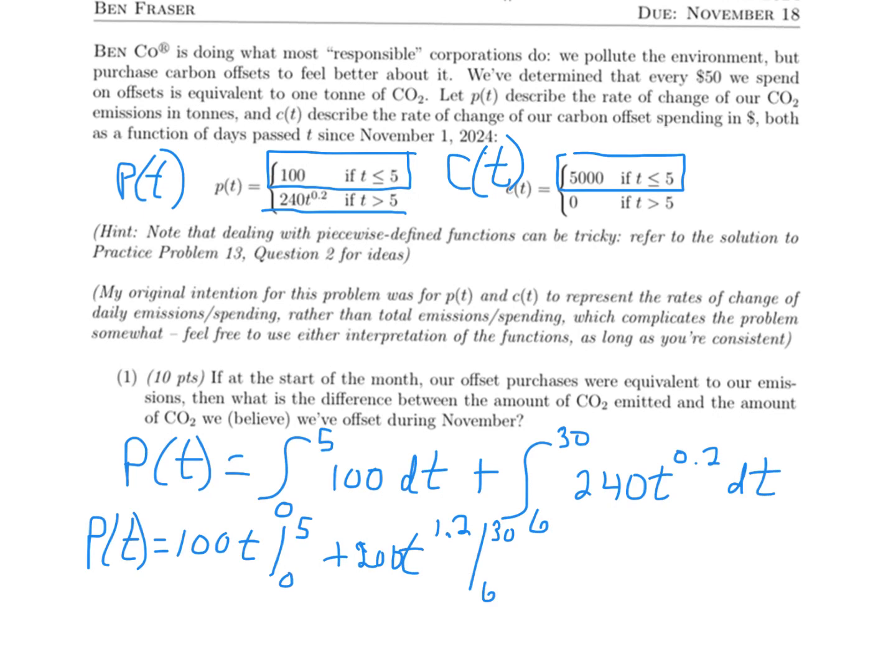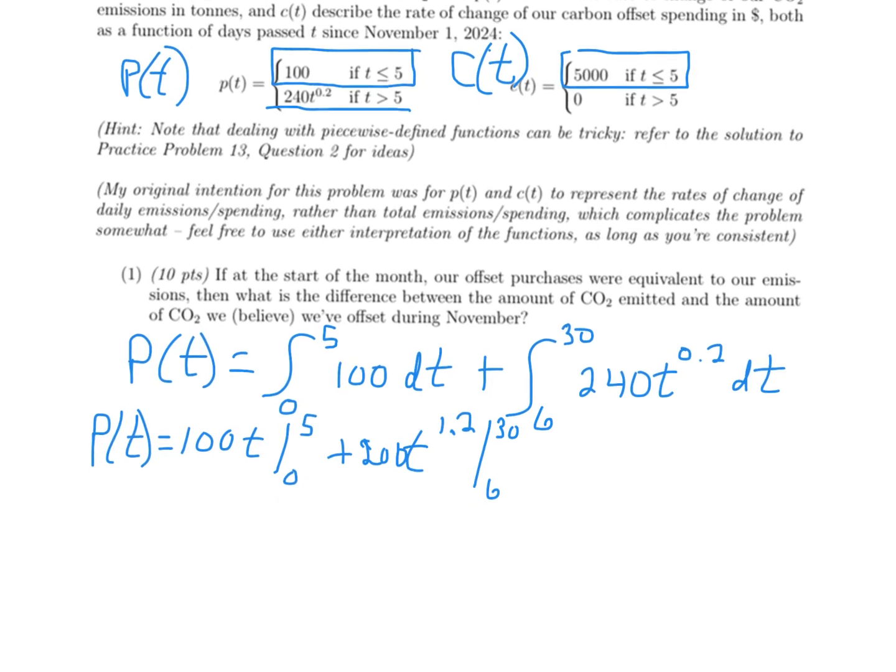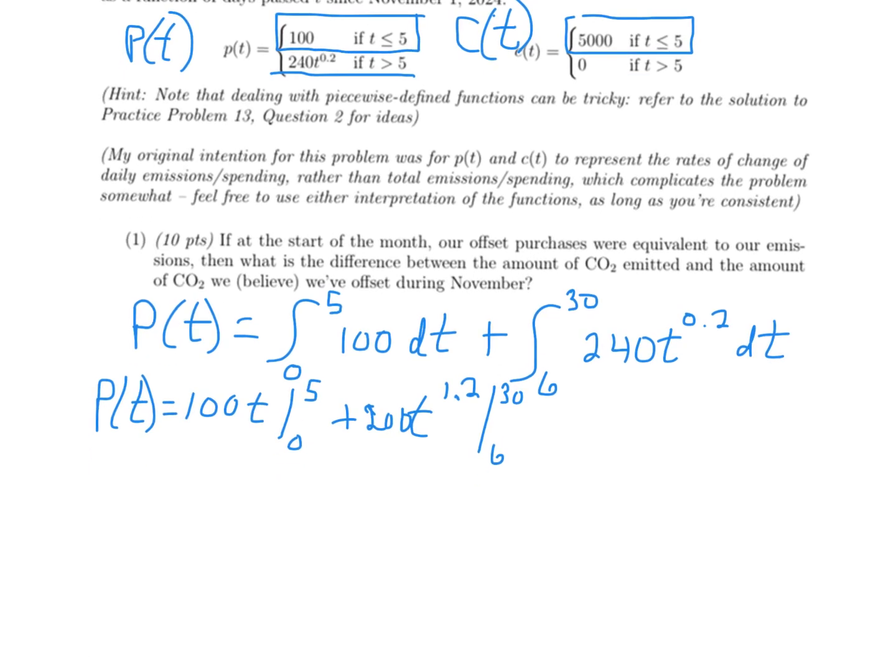And then what you're going to need to do to compare it and see what the difference is, go back to the C of T formula. Okay, if we take that derivative that we were given, let me just move this all up a little bit. Okay, so our derivative is that formula that we're given here, which is 5,000.